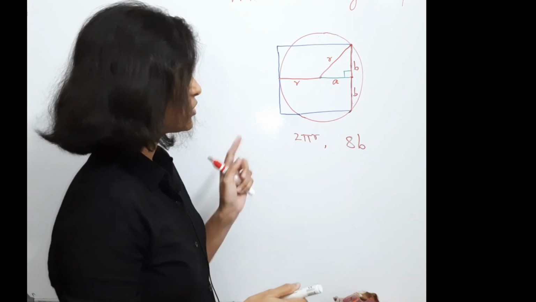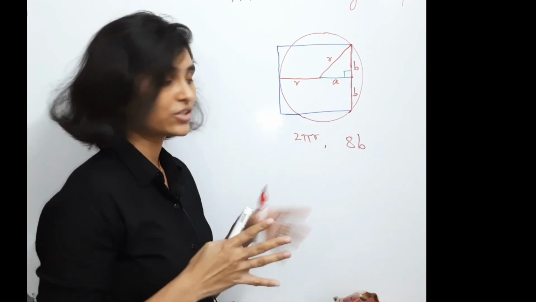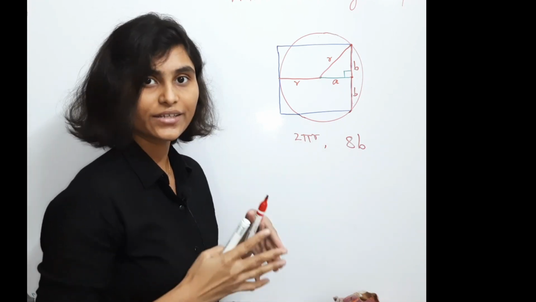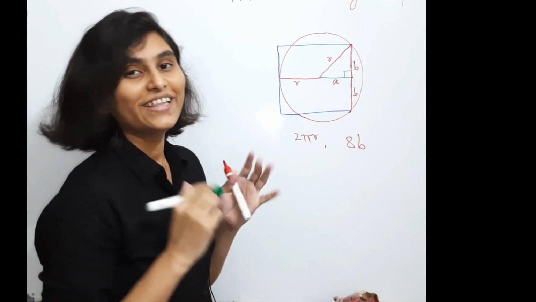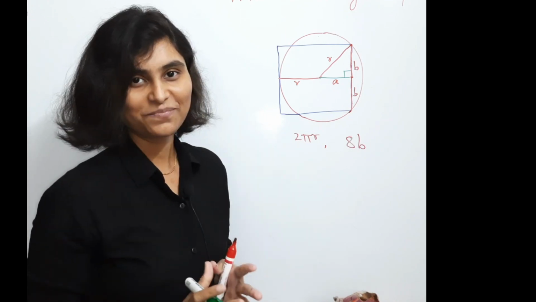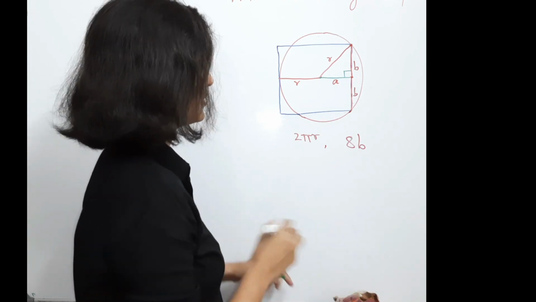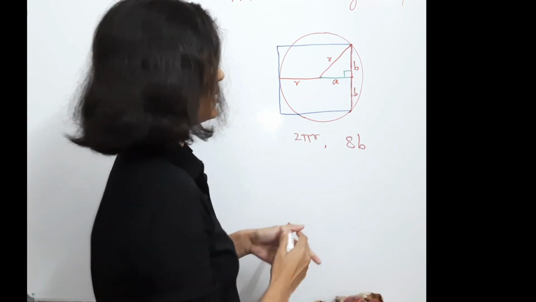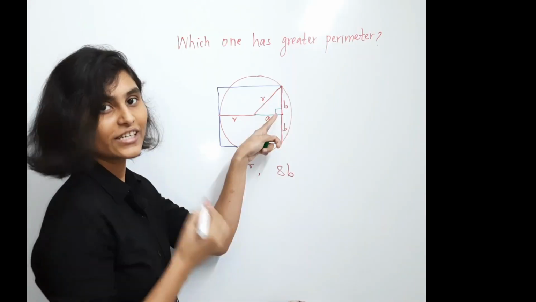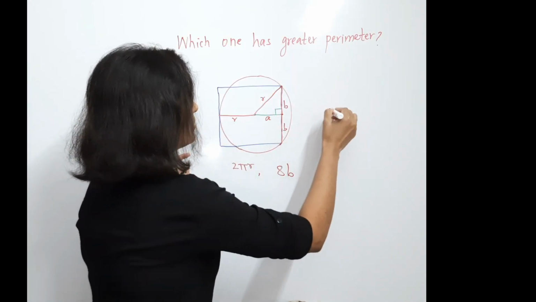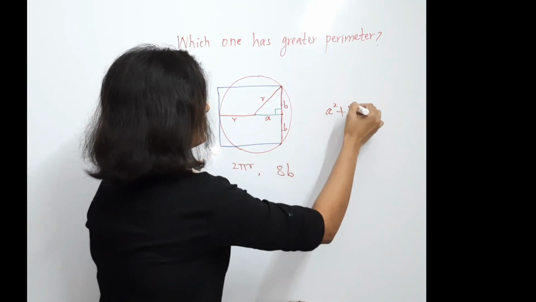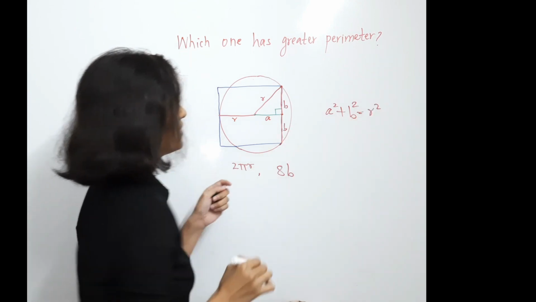To compare the two, we must have some relation between r and b, right? For that, let's use a famous theorem, which is Pythagoras theorem. So by Pythagoras theorem, since this angle is 90 degrees, a square plus b square is equal to r square, right?